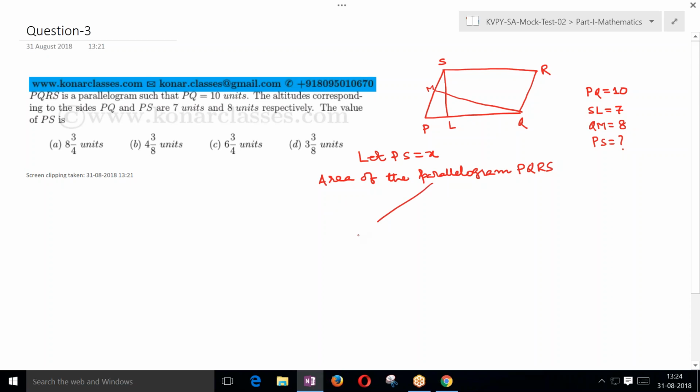One way: the area of a parallelogram is base into altitude, so we can write this is equal to PQ into SL.